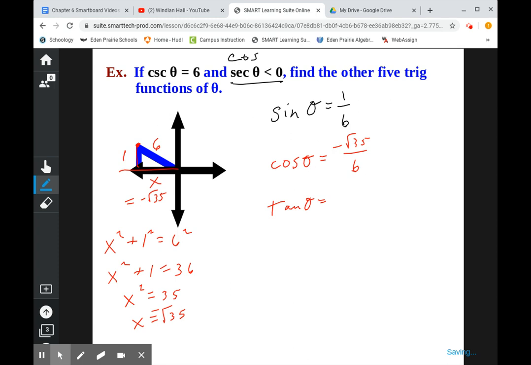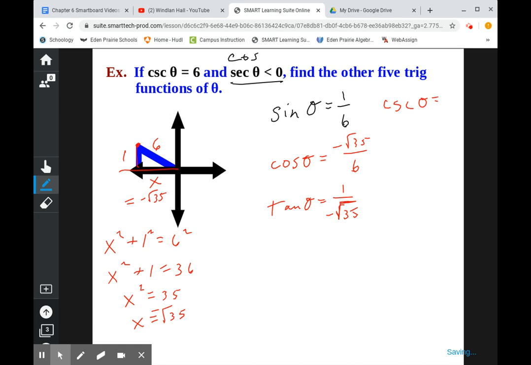So in this case, the diagram says it's 1 over negative square root of 35. Now, if they want you to rationalize that, you'd multiply top and bottom by square root of negative 35. But I'm noticing that your answers on WebAssign are not making you rationalize. We already know the cosecant, right? That was given. So that's why they only are asking for 5.